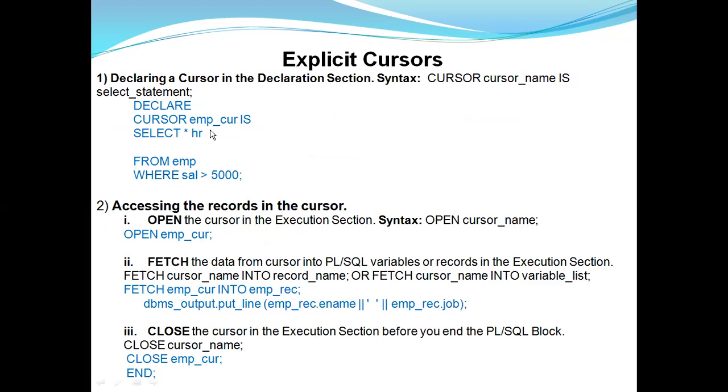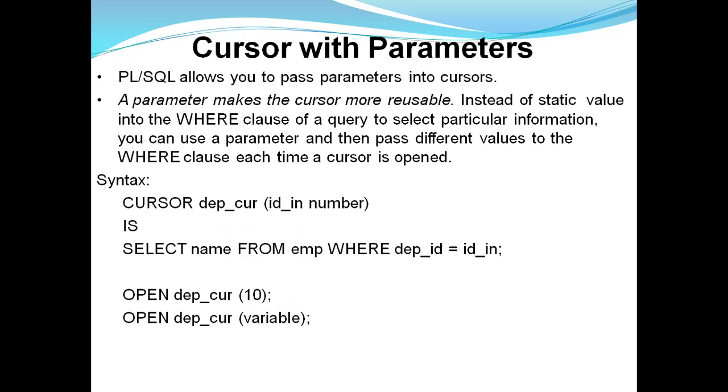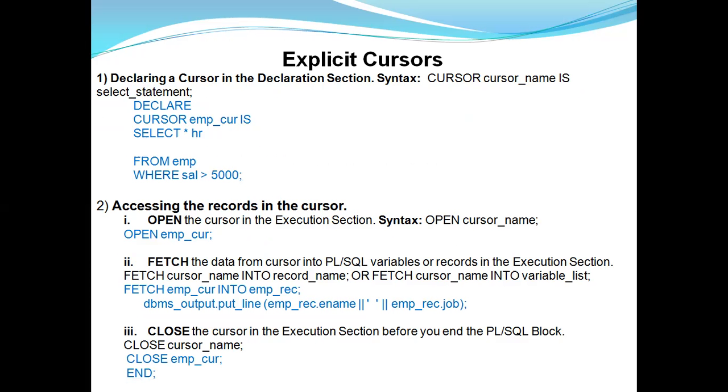First, you have to declare the cursor: cursor name is, and you write a SQL statement. Then accessing: open the cursor, so the syntax is open cursor name. Then you say fetch cursor name into a variable name. Then you can try to display that.